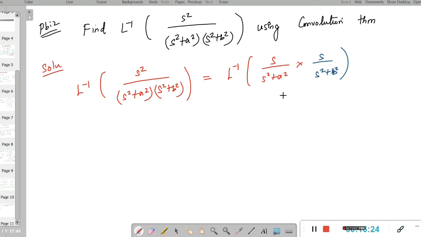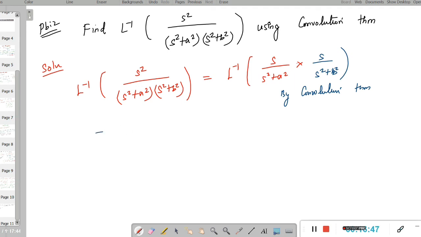Now by using convolution theorem, you can take L inverse individually. In between the two functions, you have to put convolution. This is the statement of convolution theorem.